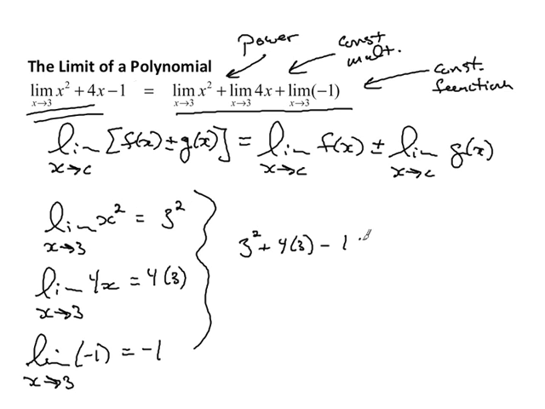There we go. So this is going to be 9 plus 12 minus 1, which equals 20. So the limit as x approaches 3 of this polynomial, x squared plus 4x minus 1, is equal to 20.